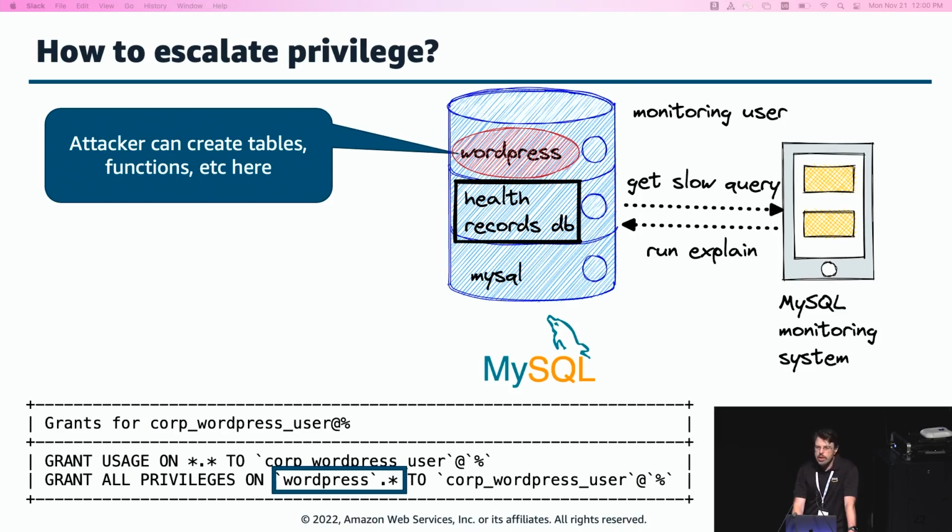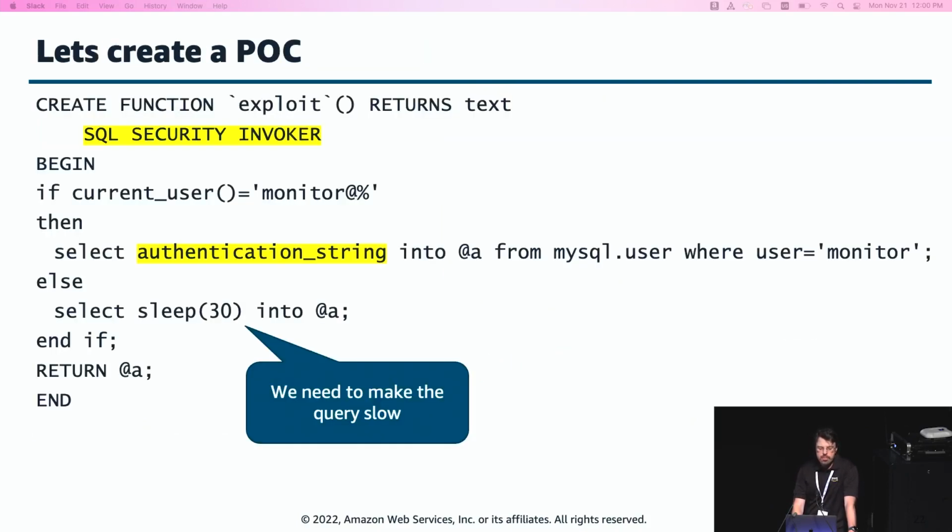So how do I craft that slow query? I have an option to create stored procedures, and I have an option to create stored functions. We will start with this function, call it exploit. And this function has this SQL security.